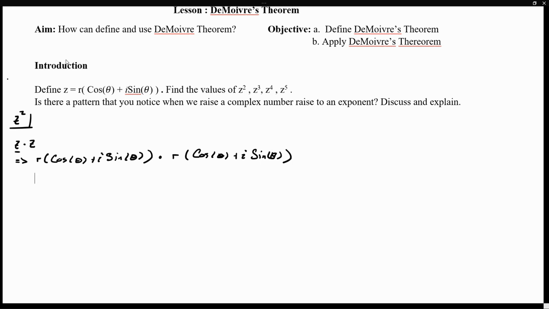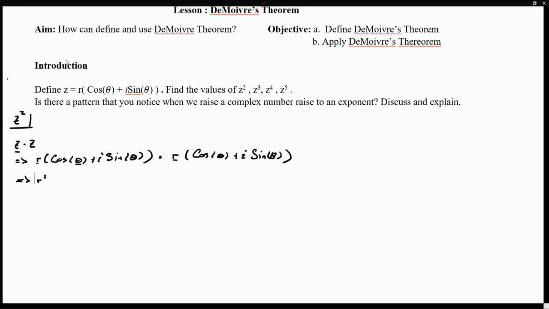So what happens when we multiply a complex number by itself? According to our rules from our previous lesson, the moduli are going to multiply. In other words, we have r times r, which is just r to the second. Also remember that when we multiply, the arguments get added, and we're using the same angle because we're multiplying by the same z.